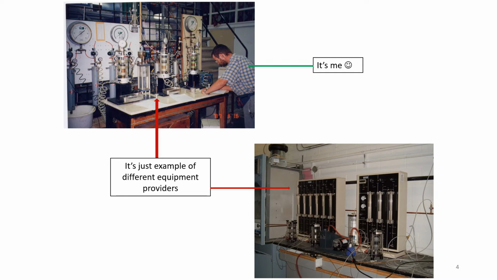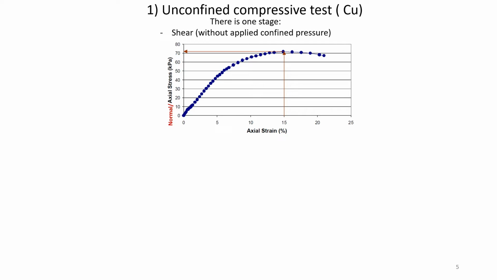Anyway, let's start. First we're going to talk about the unconfined compression test, from which you can get CU or SU, by the way the same value, but sometimes people use different notations, doesn't matter. You have only one stage, and you don't apply any confining pressure. You take a sample, trim it, place it in the frame and break it like concrete cylinders, and you get some maximum axial stress.